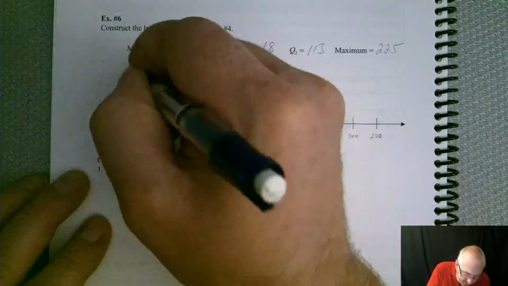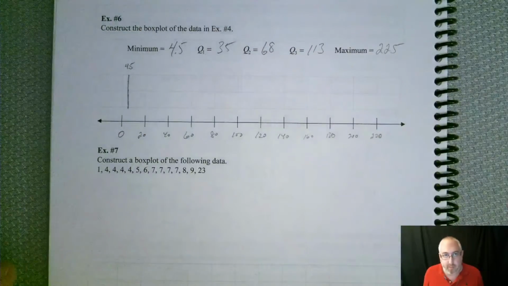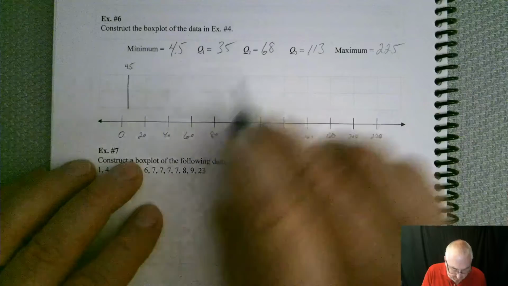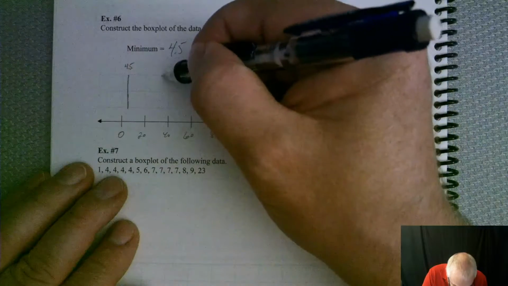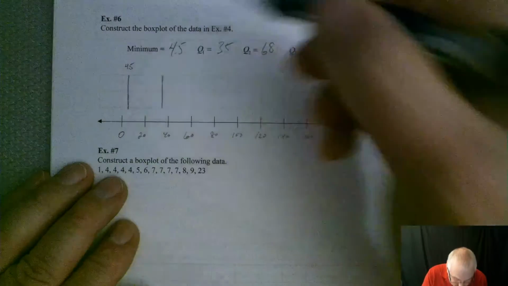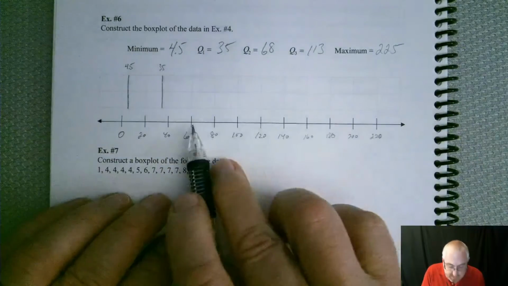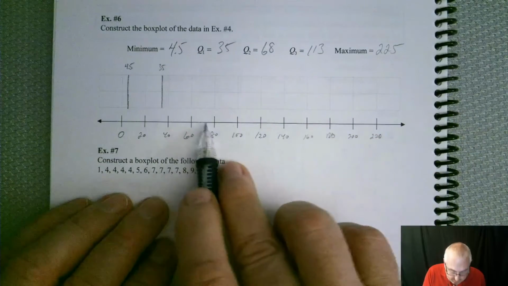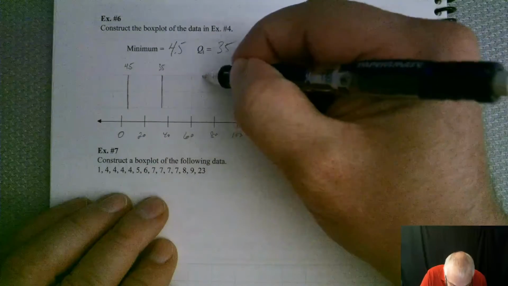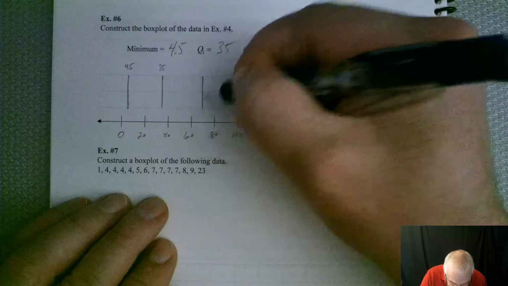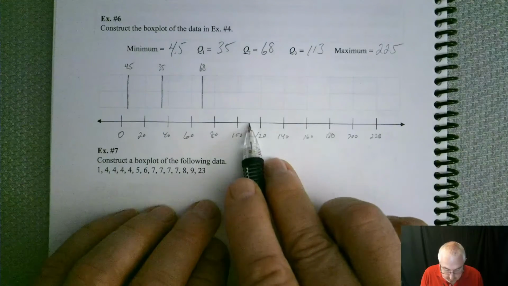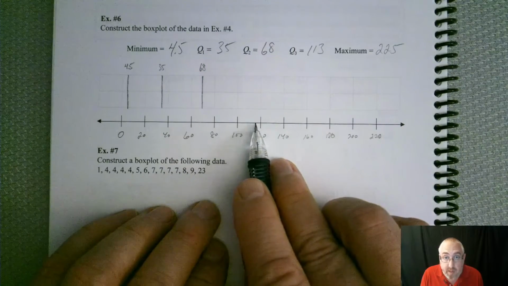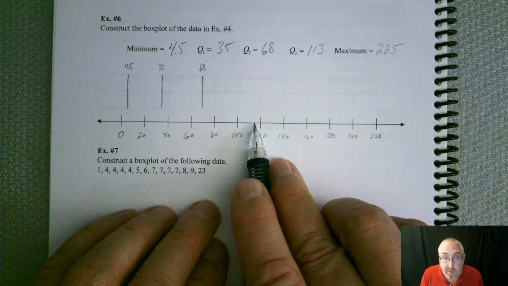So there's 4.5. I like to label it up above, but it's absolutely not a requirement, though it's nice to do that. 35, so 30 would be halfway between, so 35 is about 3/4 of the way. 68 is pretty close to 70, which is right in the middle, so maybe a smidgen to the left. 113, so 110 would be in the middle. 115 would be about here, so it's really between halfway and 3/4.